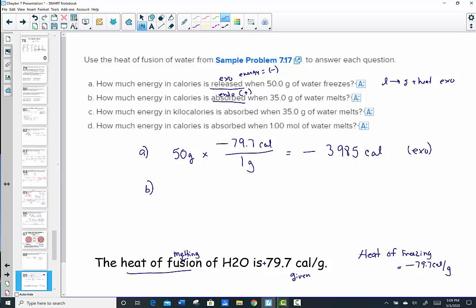In B, this time we're taking 35 grams of water and it's absorbing heat. So I want you to put that in as a positive 79.7 cal to make sure you understand that absorbing is an endothermic process. And I'll let you know that an endo is always a positive energy. 35 times 79.7.